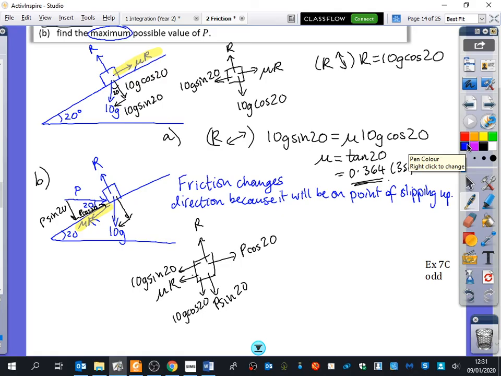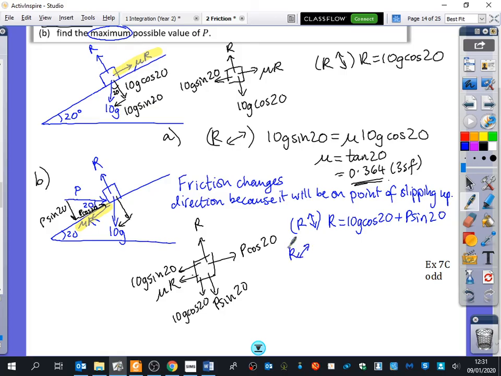Best thing to do is this one first of all. So resolving in that direction, R equals 10G cos 20 plus P sine 20.